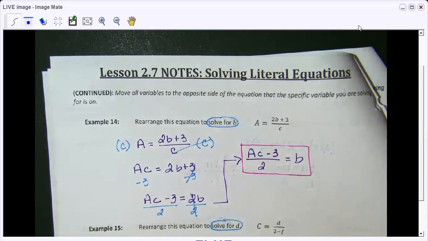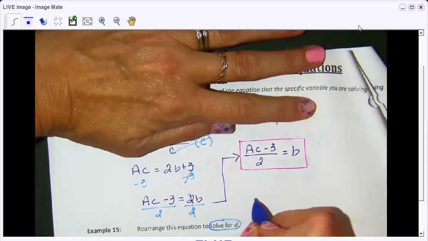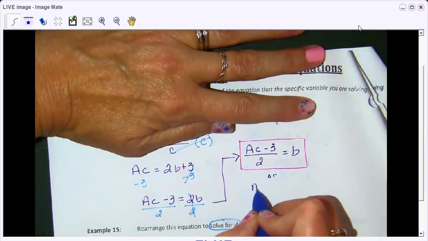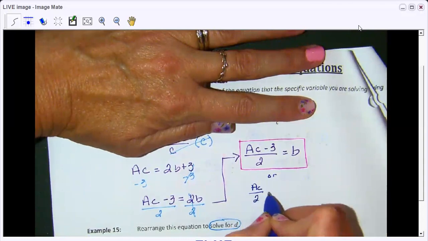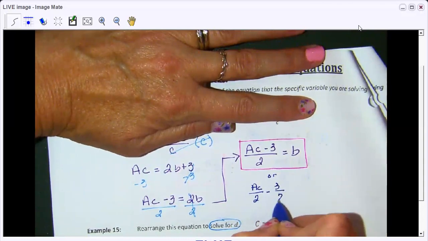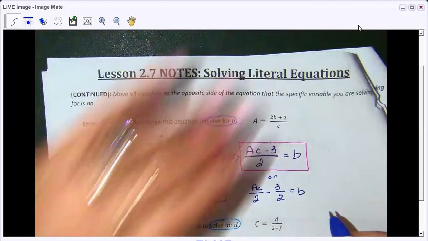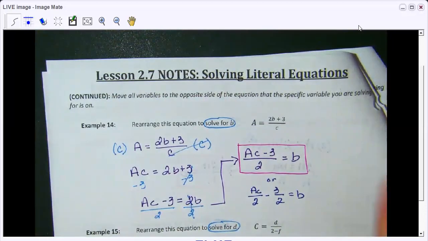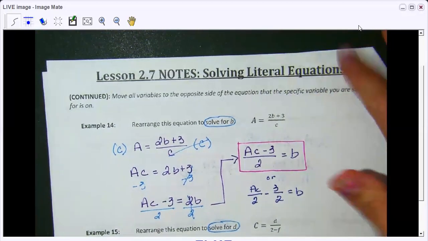So the other way that you could write it would be AC over 2 minus 3 over 2 equals B.